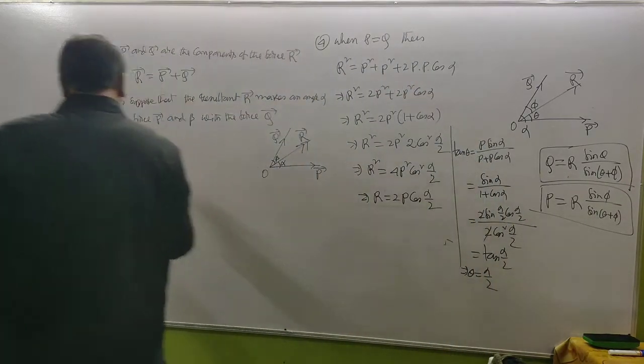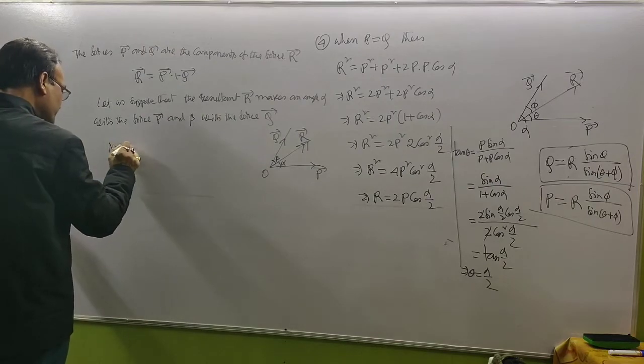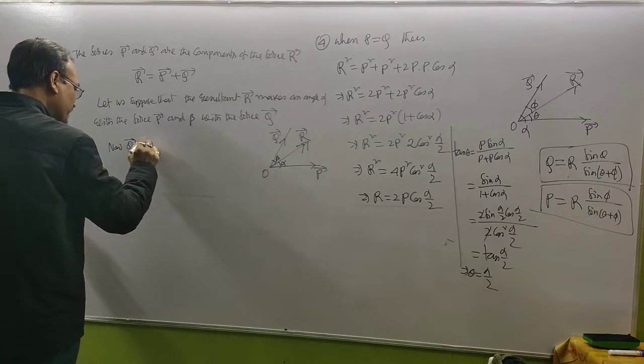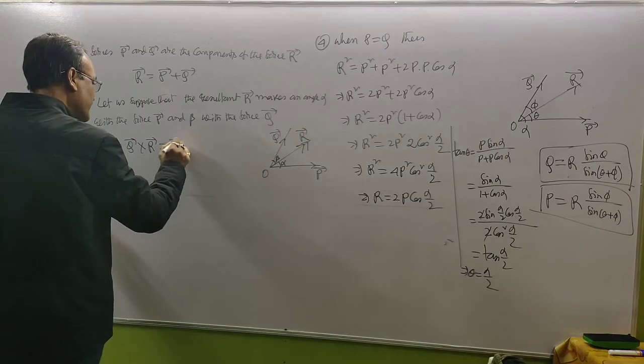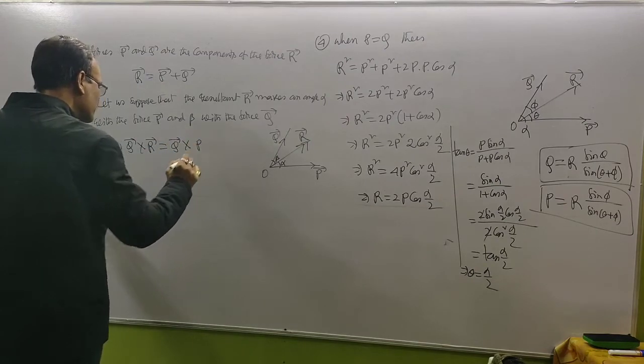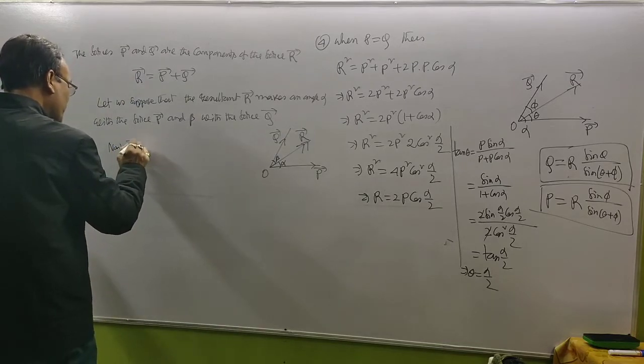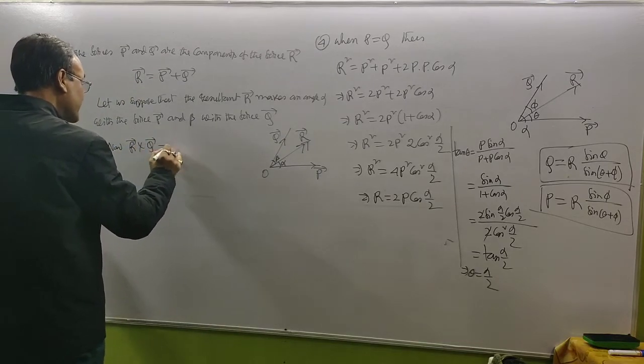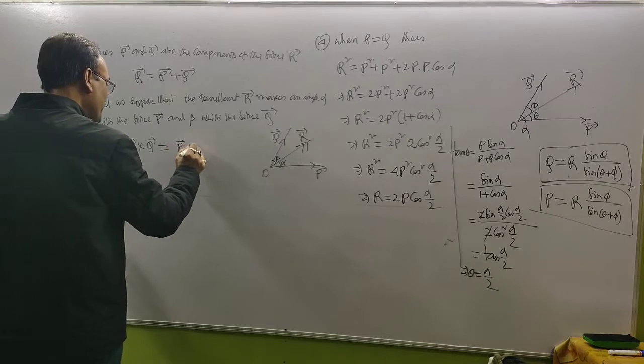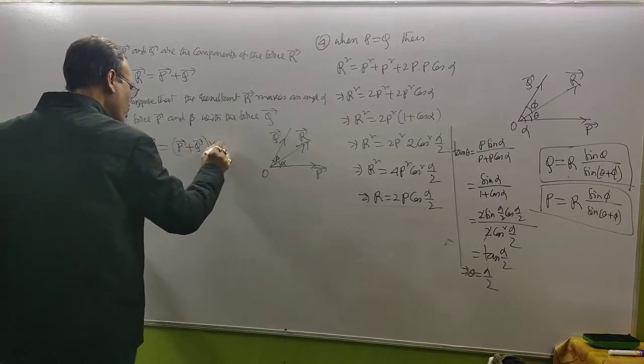Now, take the cross product of R vector with Q vector. R cross Q is equal to P plus Q cross Q vector.